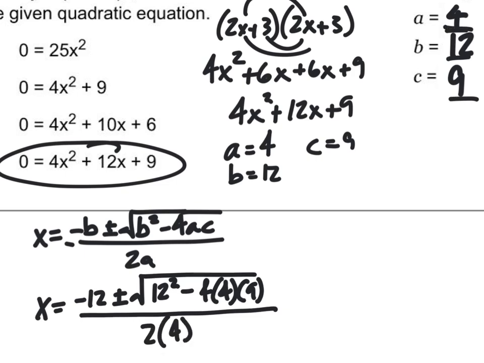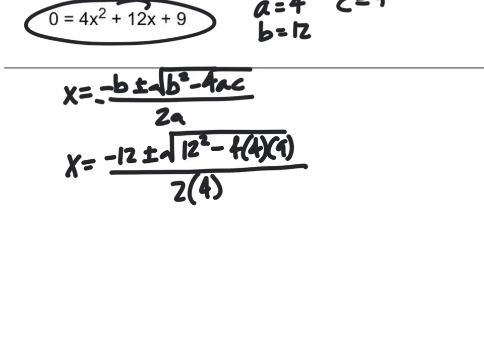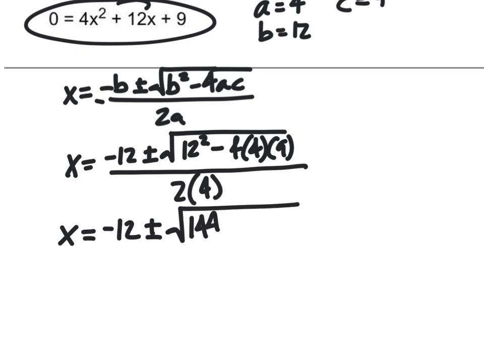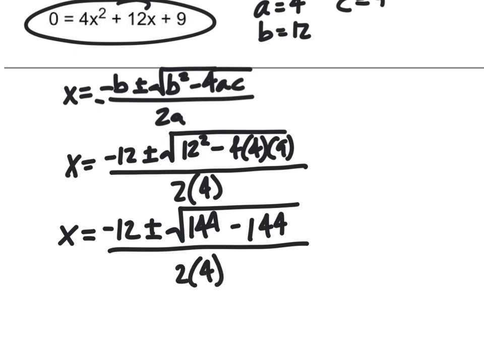So if we evaluate this, that's going to give me x is equal to opposite 12 plus or minus the square root. 12 squared is going to be 144. And then 4 times 4 times 9, let me get the calculator out, is going to give us 144. So I'm going to do minus 144, all over 2 times 4, which is 8.